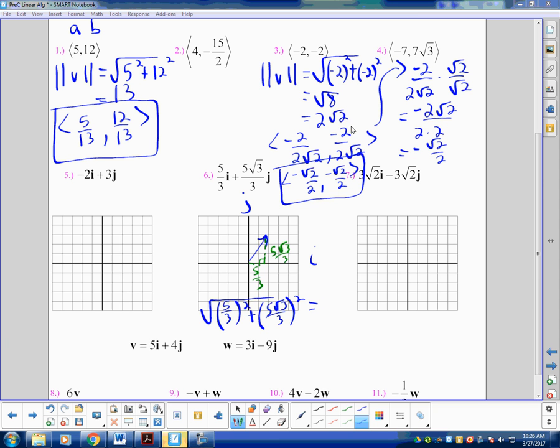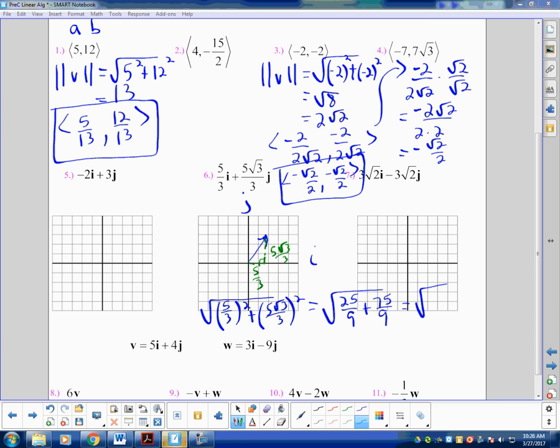equals square root of 25/9 plus 5 squared is 25 times root 3 squared is 3. 25 times 3 is 75 over 3 squared is 9. So I've got 75 over 9. Comes out fairly nicely here.